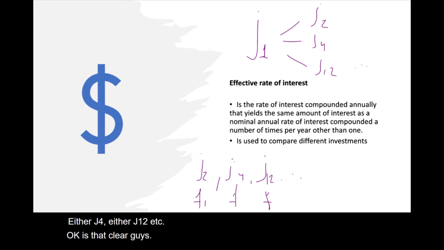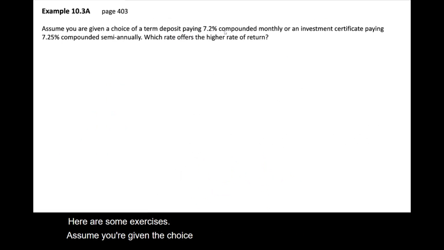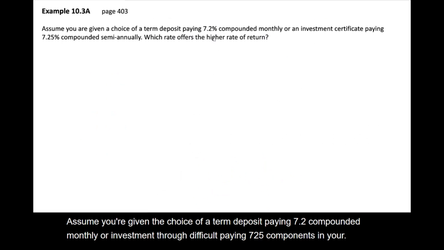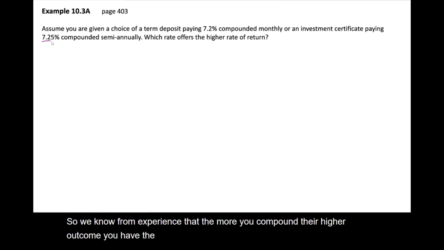Okay, so let's move forward. Here are some exercises. Assume you're given the choice of a term deposit paying 7.2% compounded monthly or an investment certificate paying 7.25% compounded semi-annually. So we know from experience that the more you compound, the greater the outcome. But here the J's are different, right?